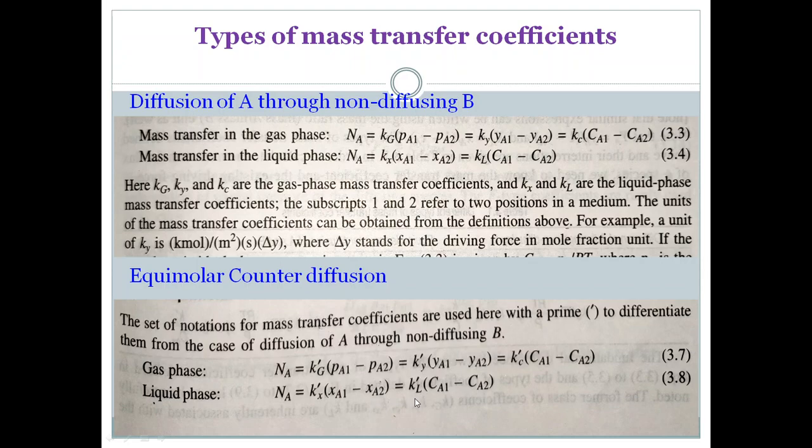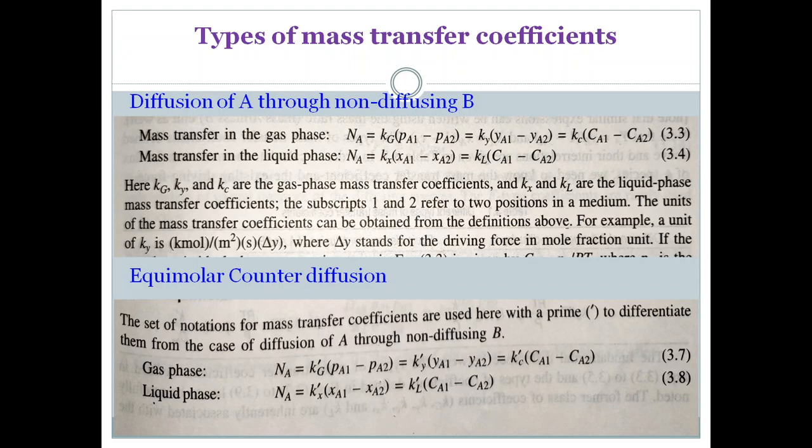So these are the prime mass transfer coefficients, applicable for equimolar counter diffusion. So you can understand there are 10 types of mass transfer coefficient. Now you have to handle this. Now you may ask why we need so many mass transfer coefficients?